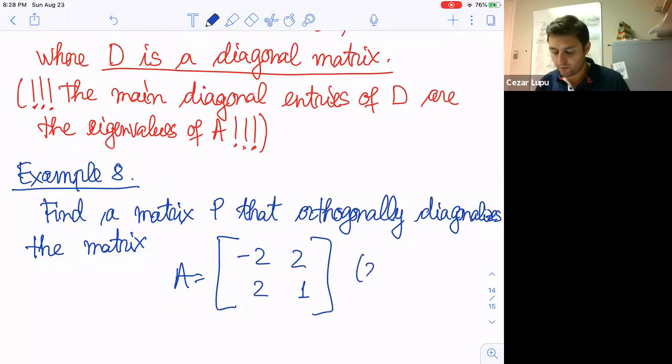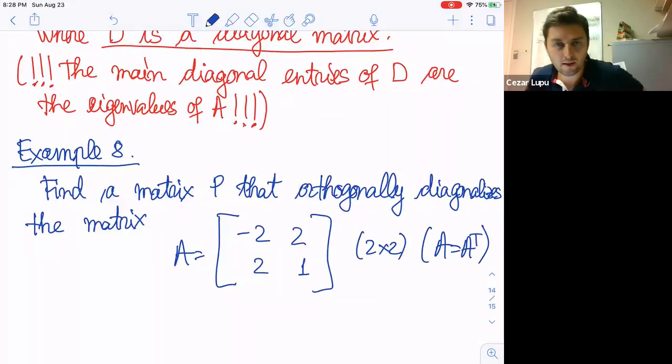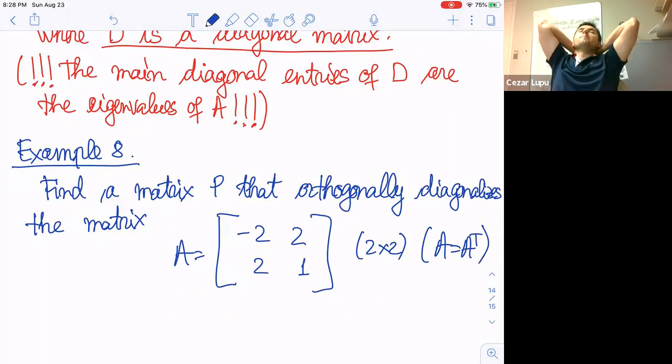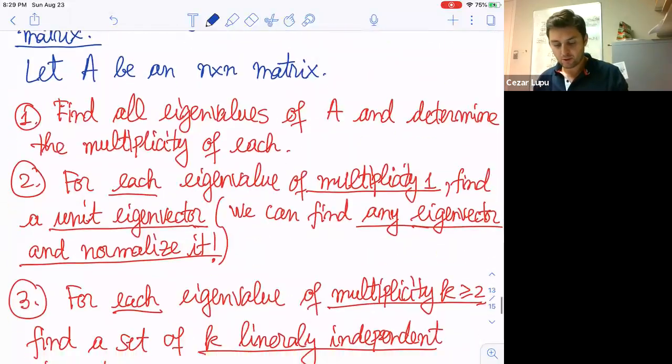Of course, this is a 2 by 2, and A is symmetric. A is the same as A transpose. It's pretty easy to see that, right? Okay. Well, as you know, we apply these 4 steps, and let's do it.